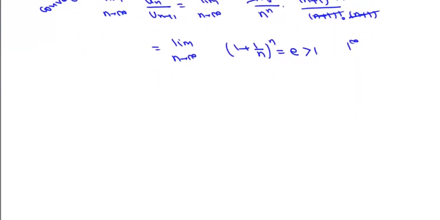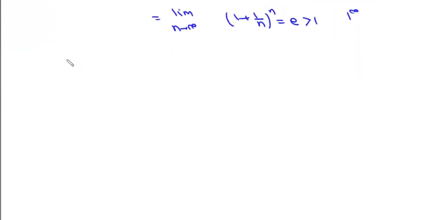Now let us take another example. Suppose we have to test the convergence of this series 1 plus x square upon 2 plus x to the power 4 upon 4 plus x to the power 6 upon 6 up to infinite.